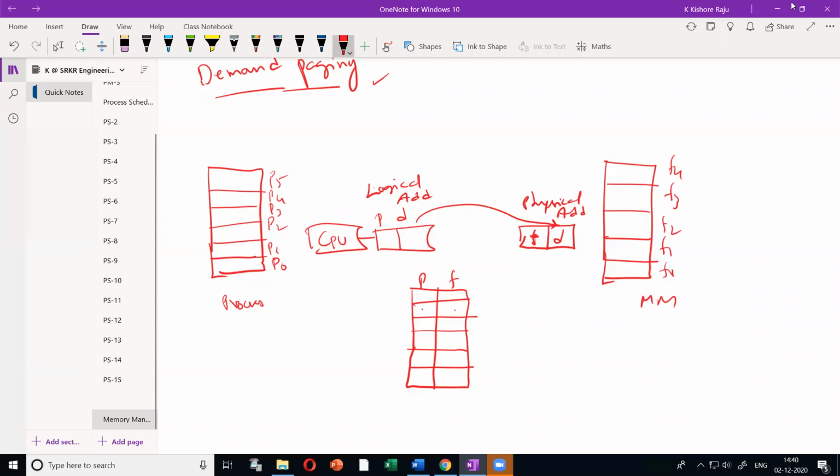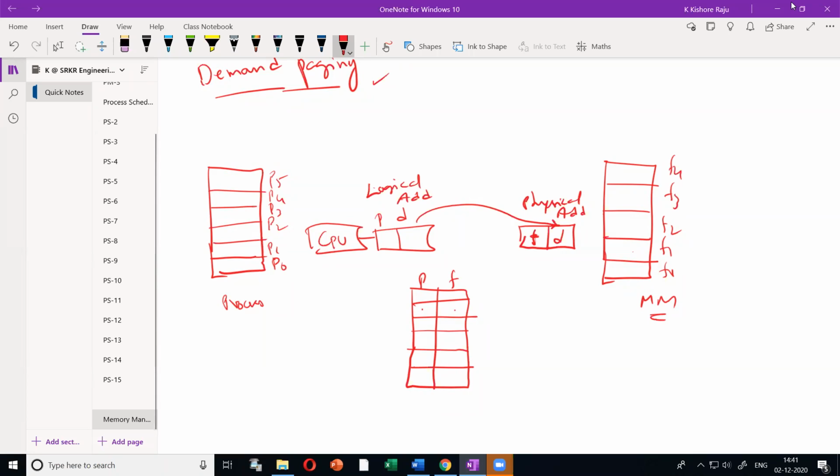But actually what happens is, no page is readily present in the main memory frames. No page is available in the main memory frames readily. Whenever a page is requested or demanded, then only the page will be occupied in a free frame in the main memory.